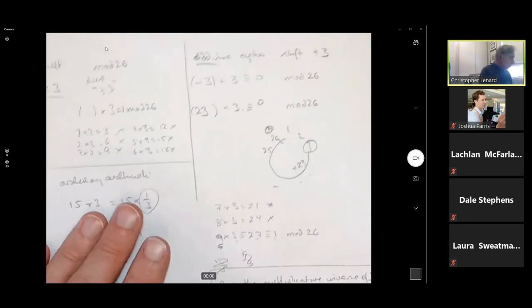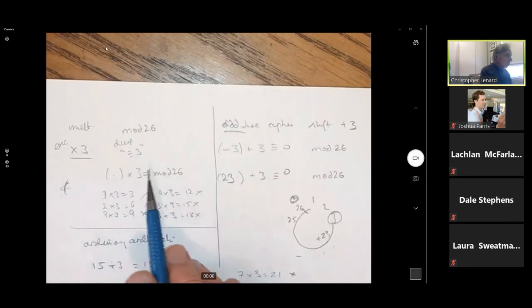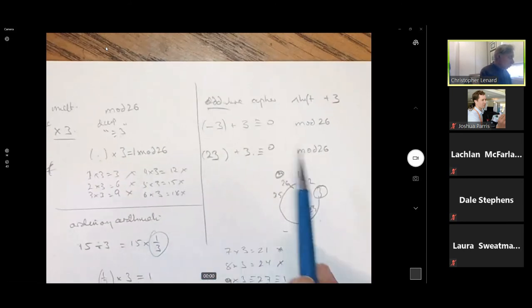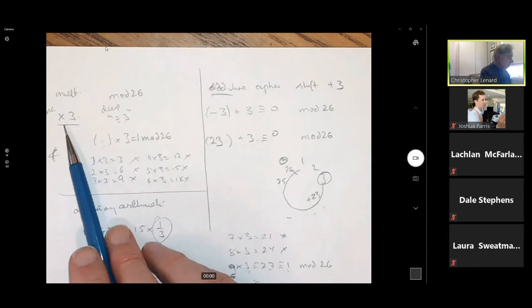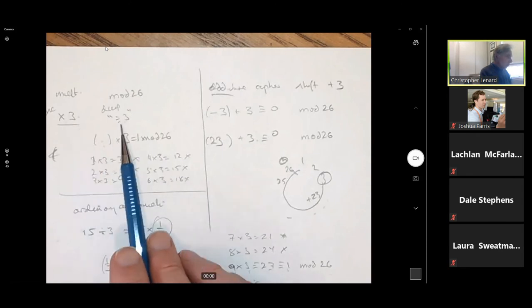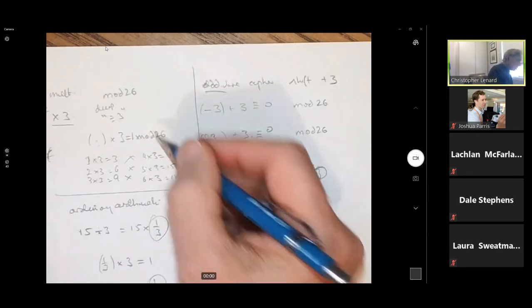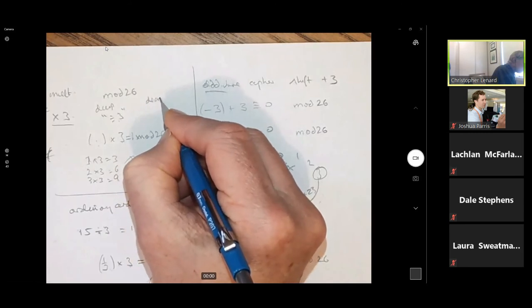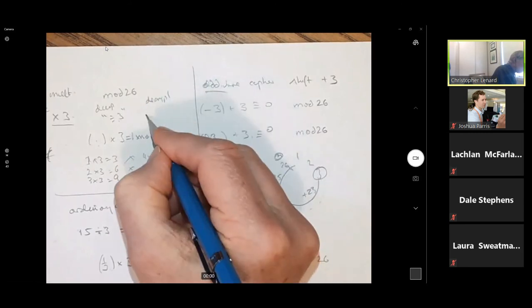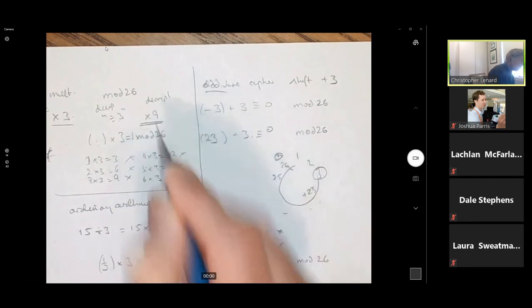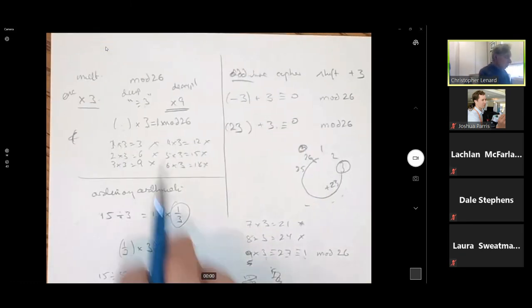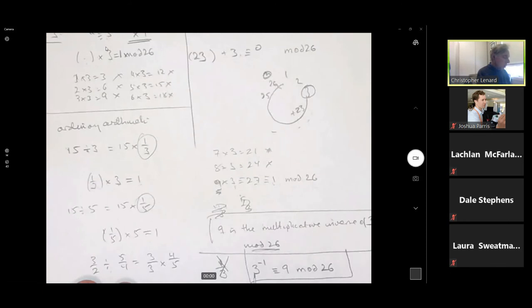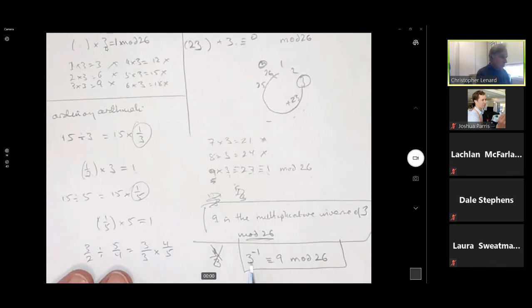So for our decryption, where we wanted to decrypt by dividing by 3, what we're actually going to do is decrypt by multiplying by 9, because multiplying by 9 is the inverse of 3.